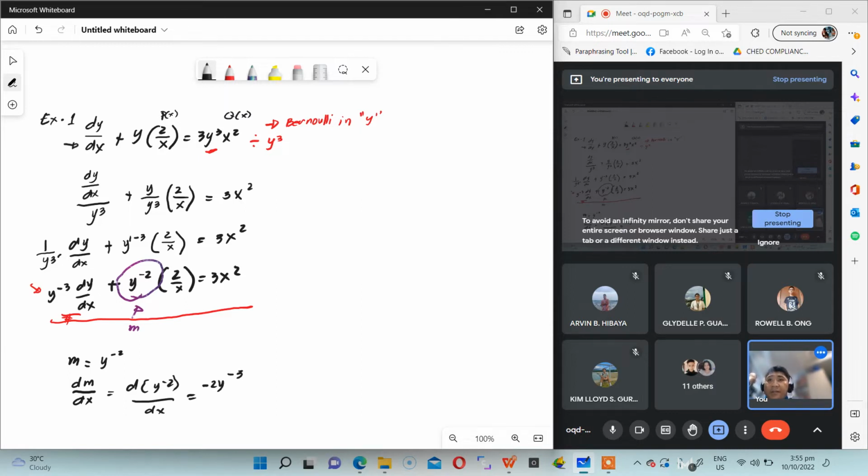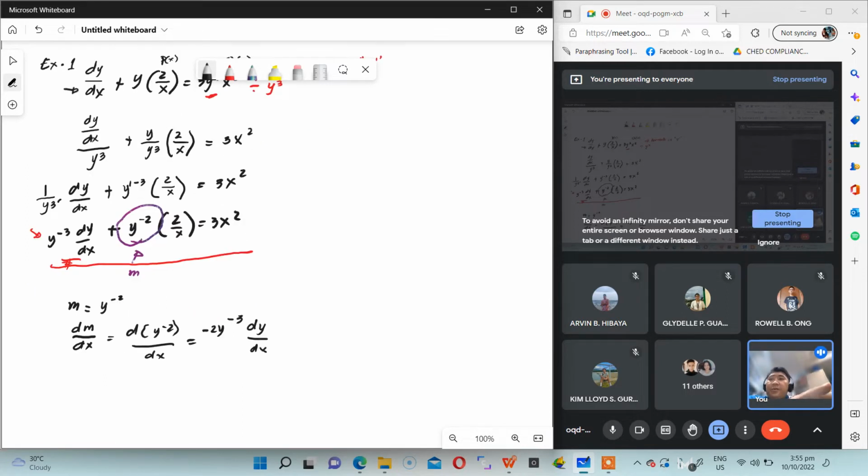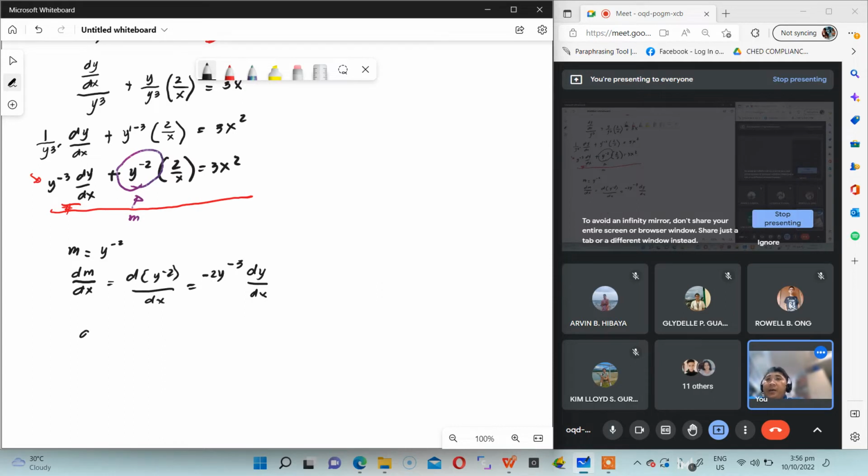So that basically that is dy over dx, because y of this, derive this one, that is negative 2y raised to the power of negative 3 dy over dx. Therefore, we could make it as dm over dx is equal to negative 2 y raised to the power of negative 3 dy over dx.